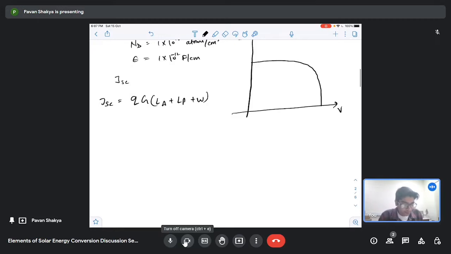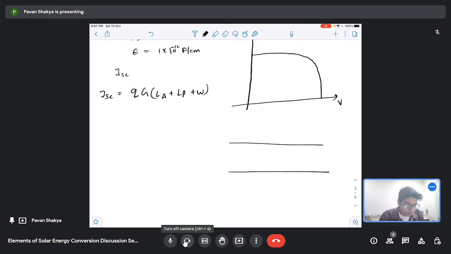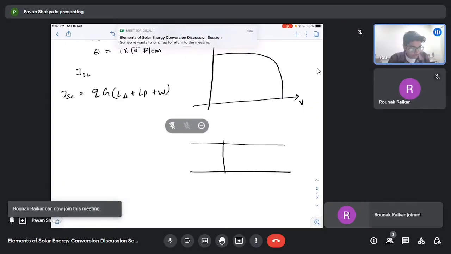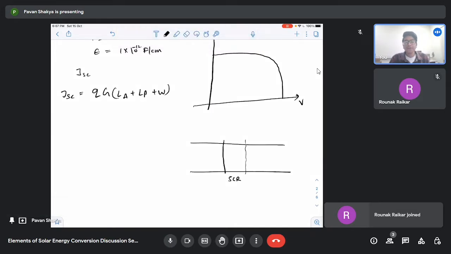Let me draw this junction. If this is the space charge region, then if we apply the illumination, in the P side the minority charge carriers will try to shift towards the space charge region because of the electric field.